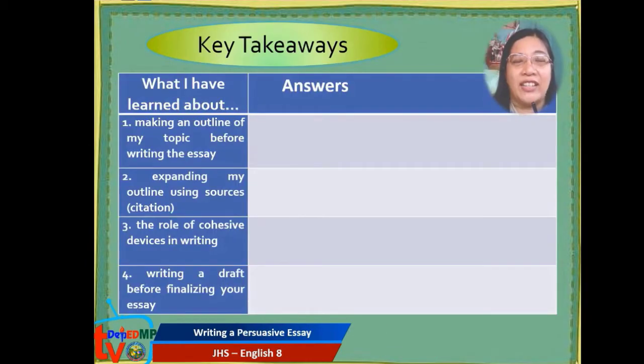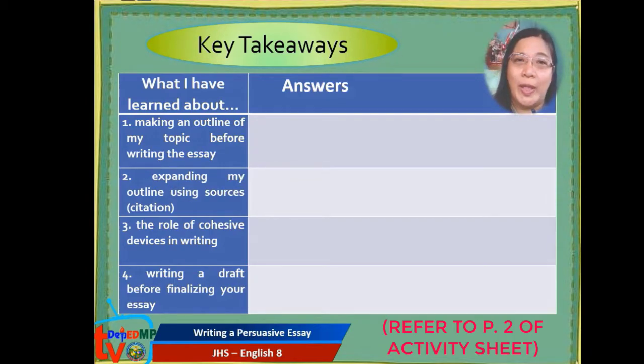To summarize the activities we did, let's identify insights we learned from the different lessons involved in this final task. On the first column are some of the topics we discussed. You are given 5 seconds to come up with how that lesson helped you in coming up with your final persuasive essay.